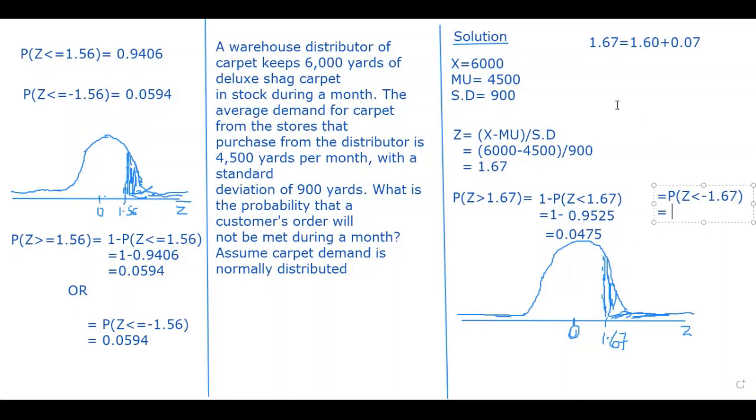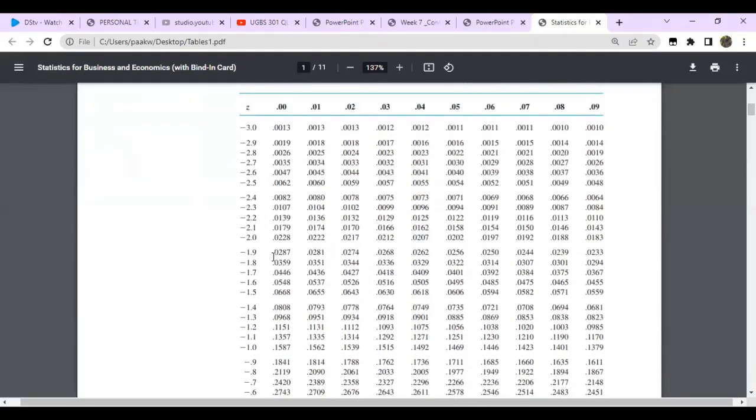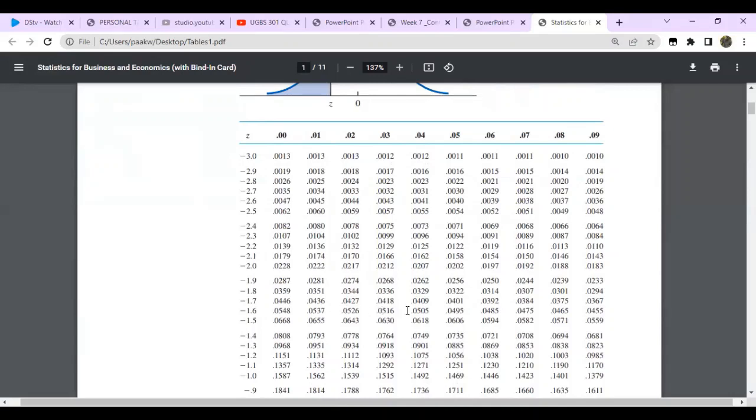So let's look at that one. We are going to look at negative 1.6 and 0.07. Negative 1.6 is here. Then 0.07, here. Negative 1.67. When it is positive on the top, don't bother about it. The negative is the z value here.